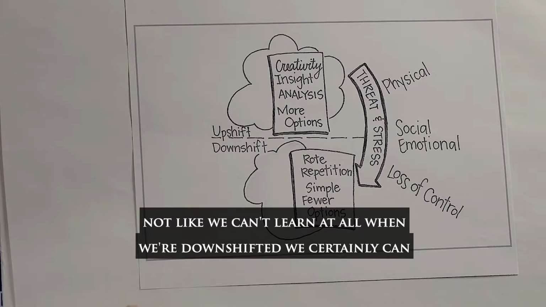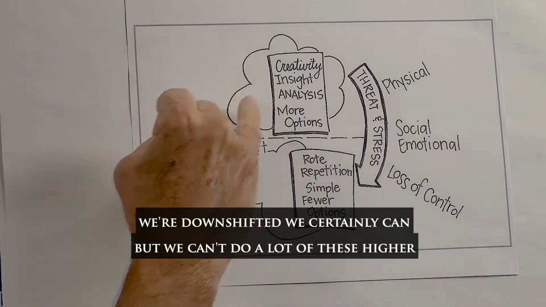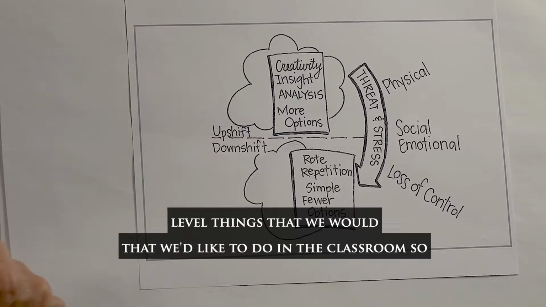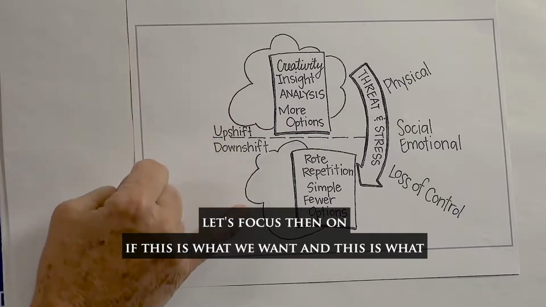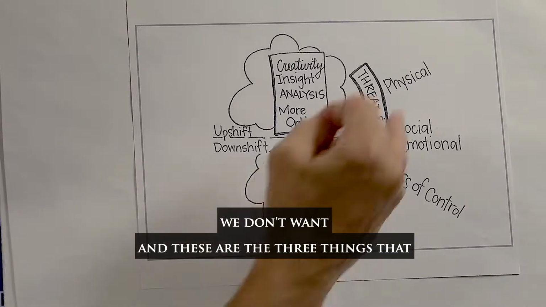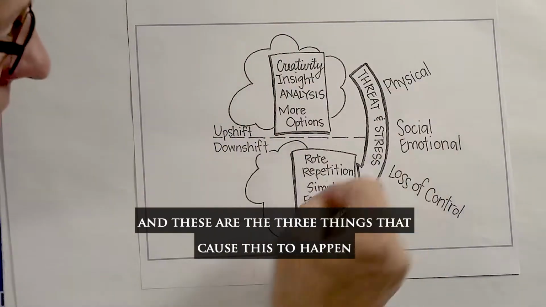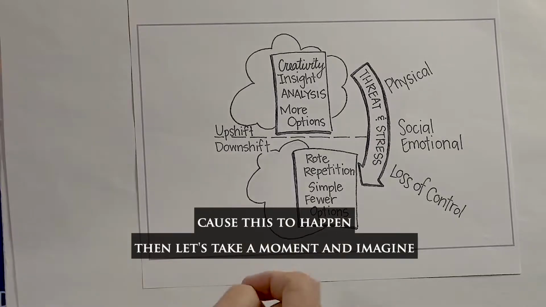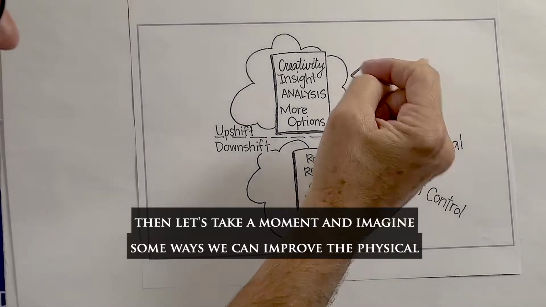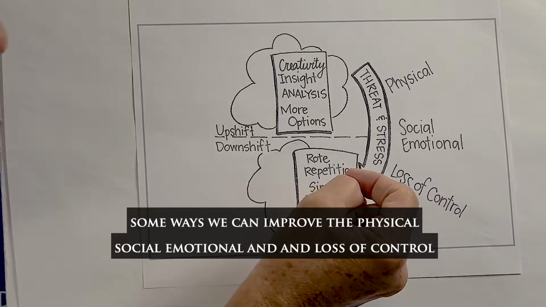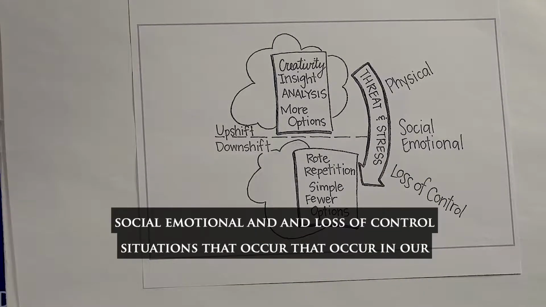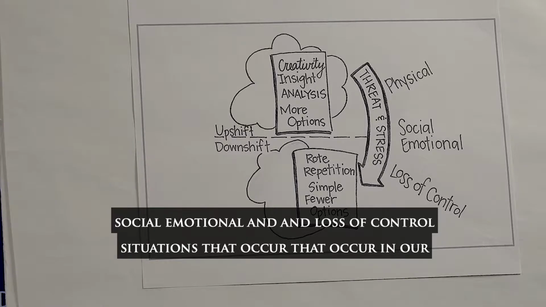We certainly can, but we can't do a lot of these higher level things that we'd like to do in the classroom. So let's focus then on, if this is what we want, and this is what we don't want, and these are the three things that cause this to happen, then let's take a moment and imagine some ways we can improve the physical, social, emotional, and loss of control situations that occur in our classrooms.